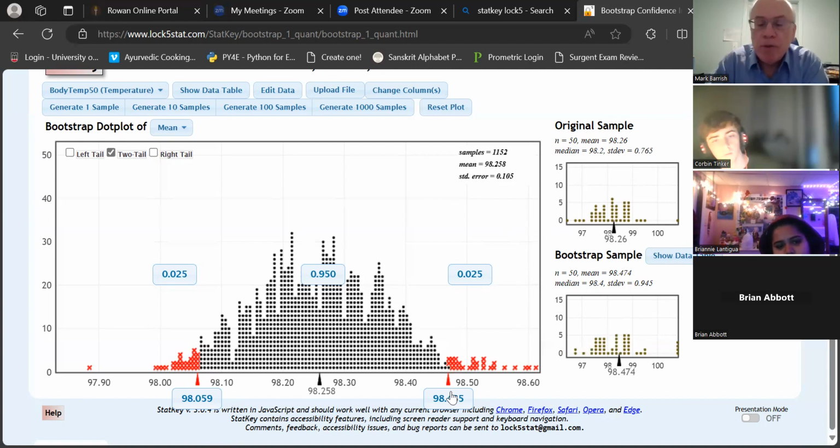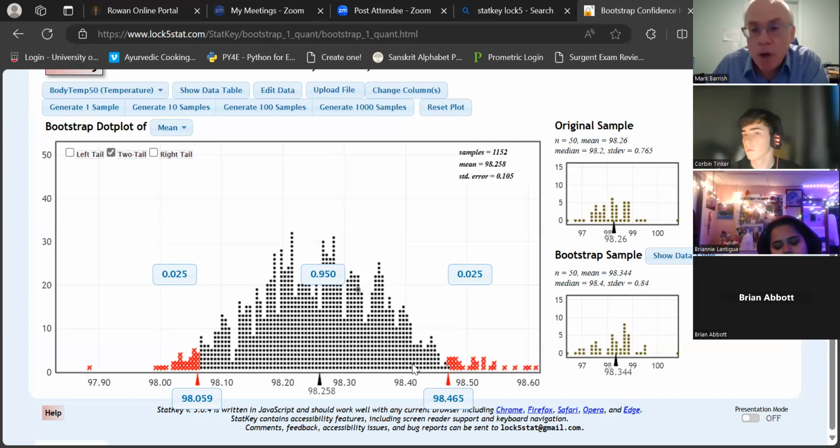So StatKey gives us a way of allowing us to visualize what a sampling distribution would look like if we actually had it. All right. So remember, this is a fake sampling distribution, but it actually works. It's very close to what a sampling distribution would look like, and it gives us an idea that it looks normal too, doesn't it? It looks like it gives us a normal distribution.